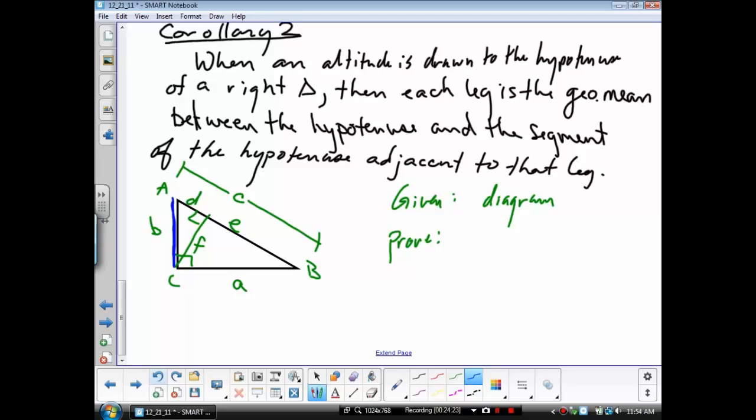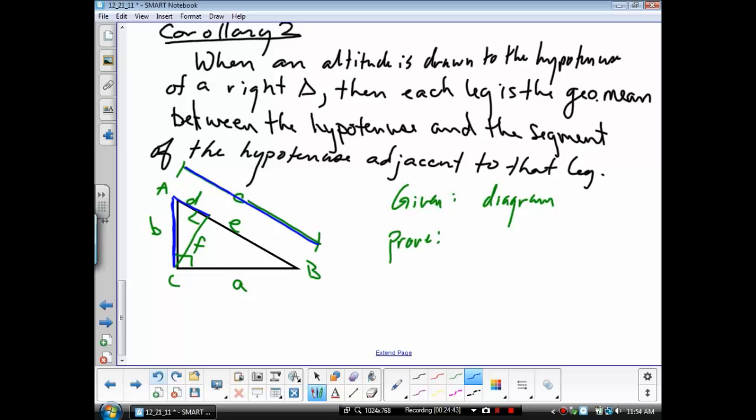B is a geometric mean between the whole hypotenuse. What is the whole hypotenuse? C. So between the whole hypotenuse and the piece of the hypotenuse adjacent to B. What's the piece of the hypotenuse adjacent to B?